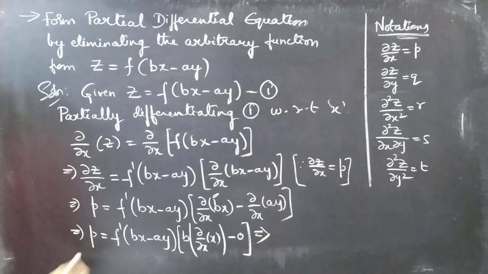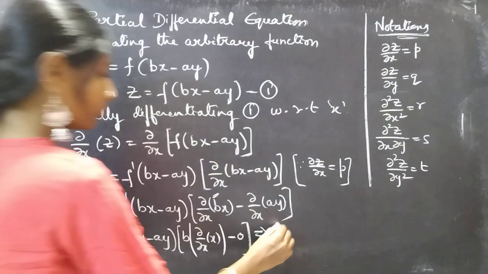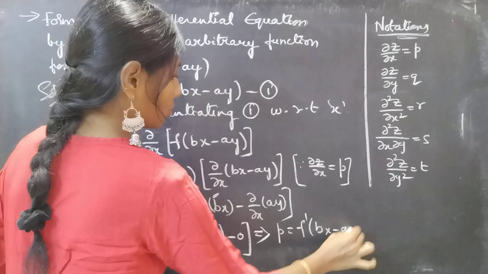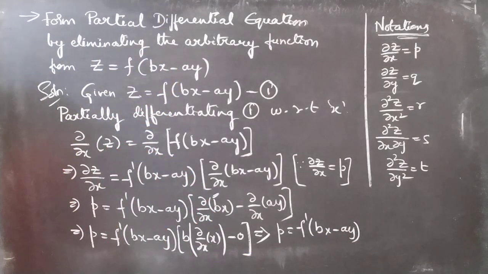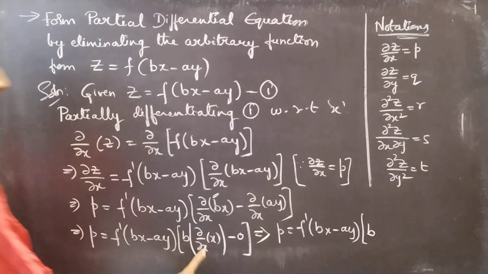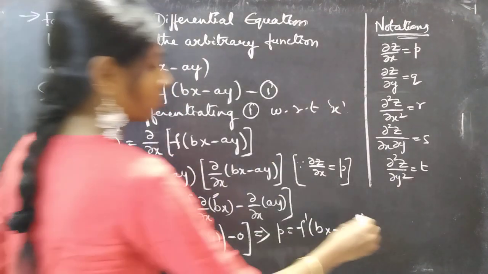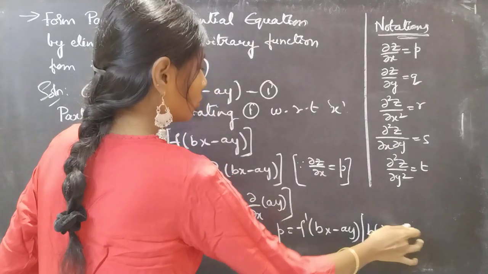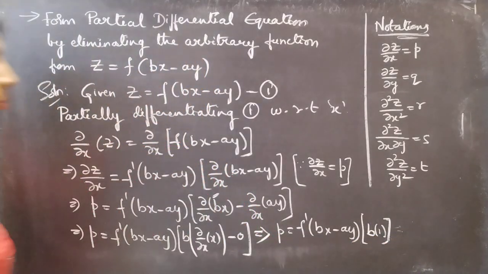Which gives us p equal to f dash of bx minus ay into b into the partial derivative of x with respect to x, which is 1. b into 1 minus 0, no need to write 0 here, just write b into 1.